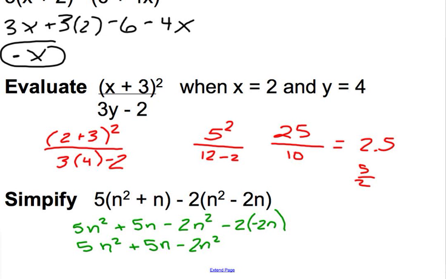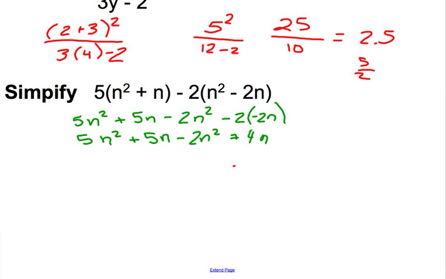All right, a negative 2 times a negative 2n is a positive 4n. Now we're looking at like terms. Well, like terms, we have 5n squared and a negative 2n squared. And I changed color so you can see that all we're doing right now is simplifying 5 minus 2 because they're like terms. You just subtract and add the coefficients. 5 minus 2 is 3n squared.